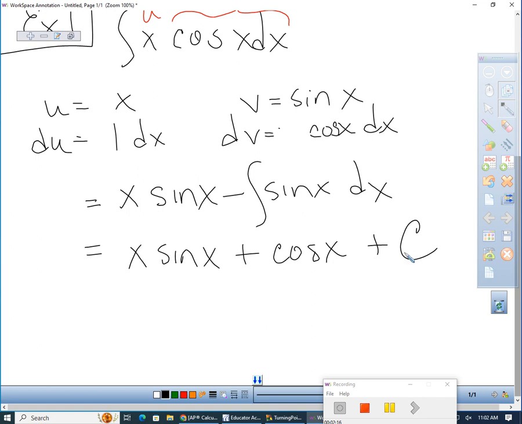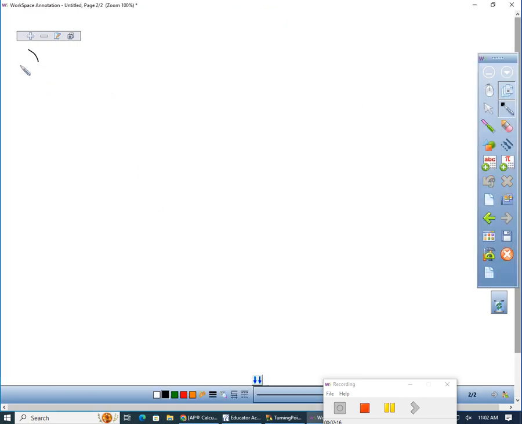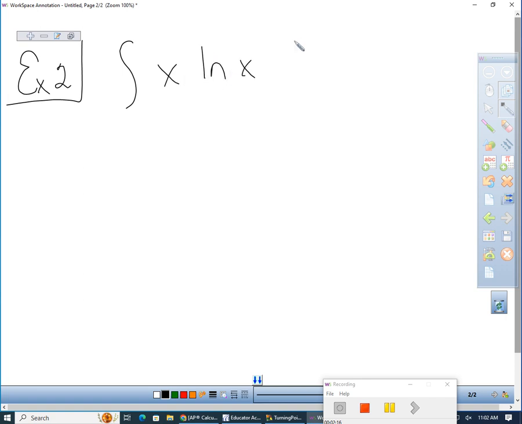Okay, let's try another one. Let's go with example number 2. All right, let's say I have the integral of x natural log x dx.